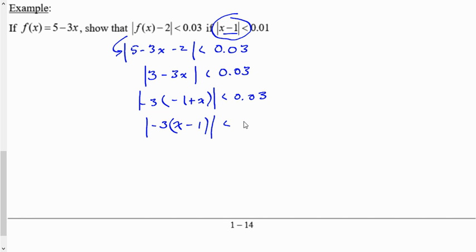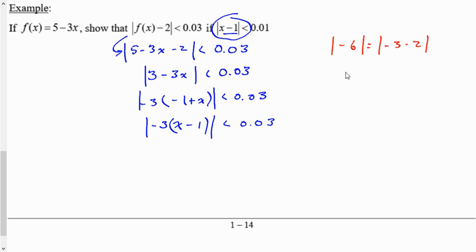Now let's just take a little detour to the side here for a second. Suppose I'm looking at the absolute value of -6. Well, you all know what that's equal to. But what if I was to think of this -6 as being something factorable, like -3 times 2? Well, the absolute value of -6 I know is +6.